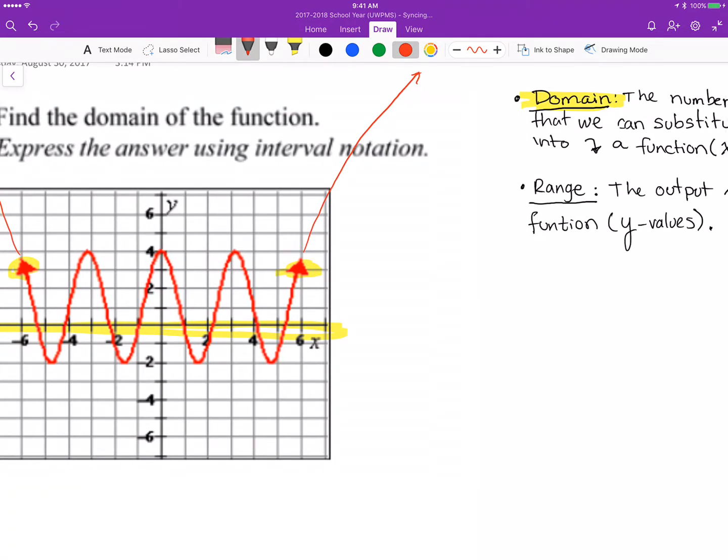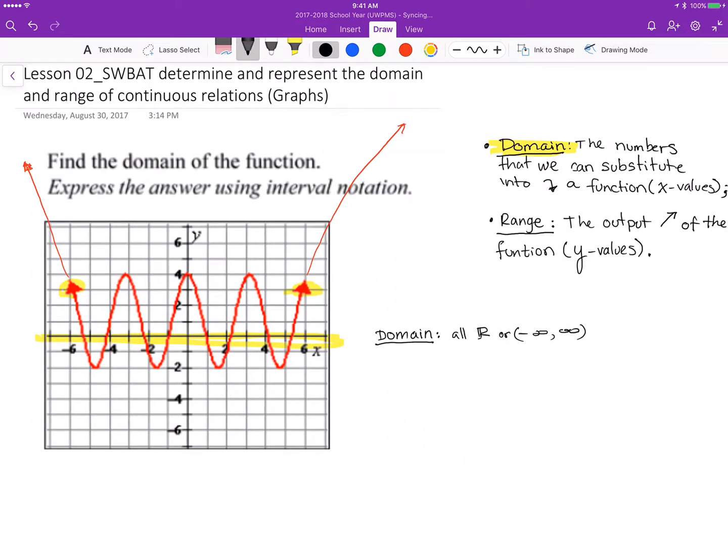Again, my domain here is going to be all real numbers, or from negative infinity to positive infinity.